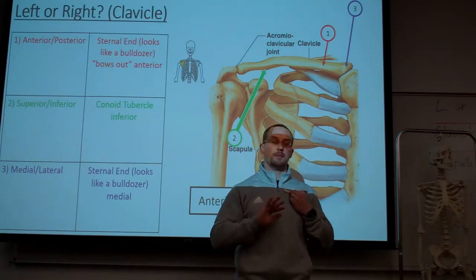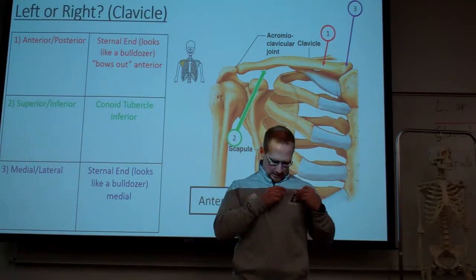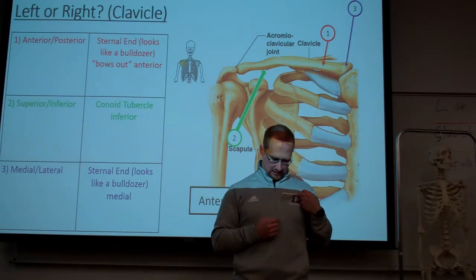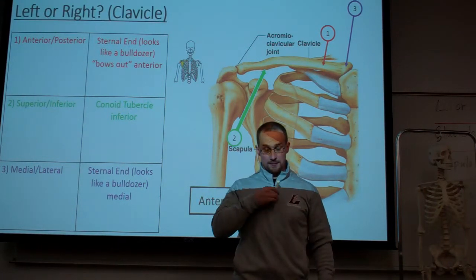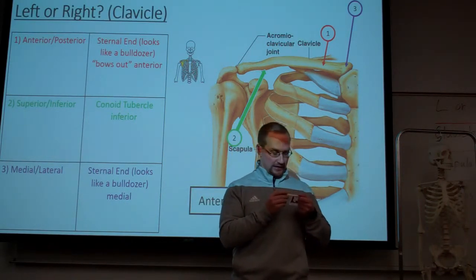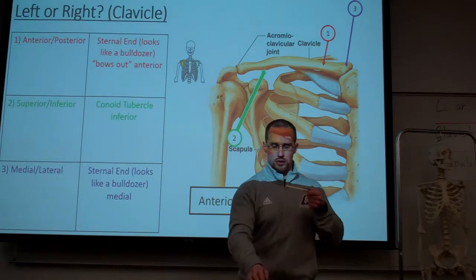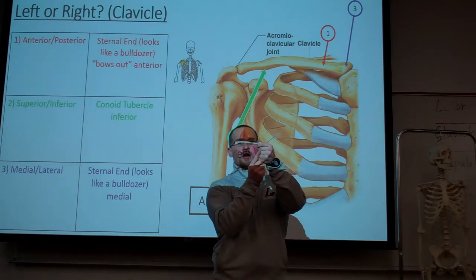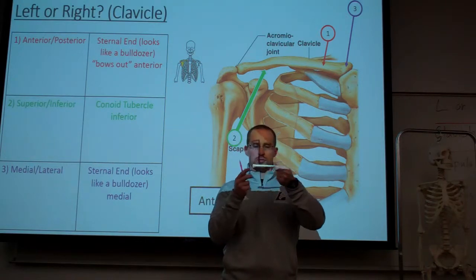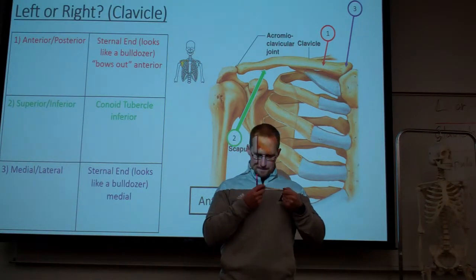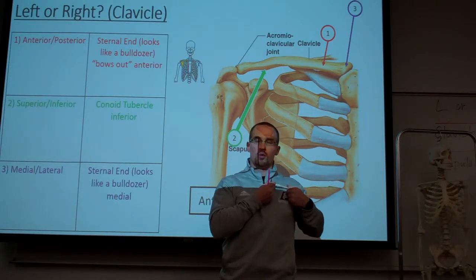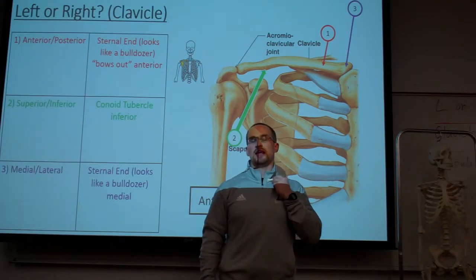Secondly, I know my sternal end bows out, so I'm either going to be like this or like this. Thirdly, I know the conoid tubercle is inferior, below. Here's that bump, and it's going to be below. So medial, bowing out, and below means this is going to be a left clavicle.